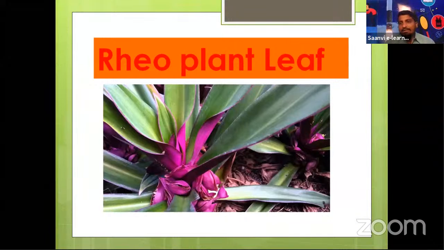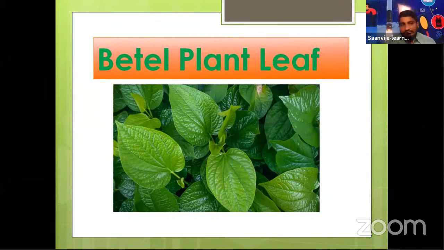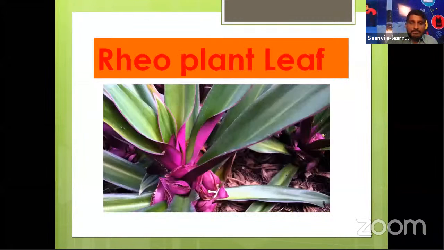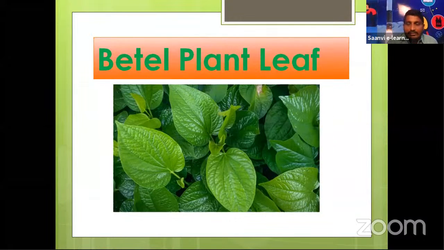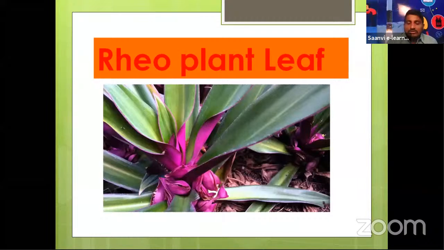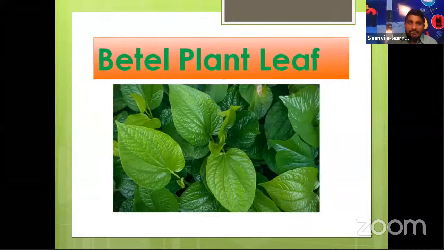Next, beetle plant leaf, like tamalapaku. See here, the rheo plant leaf is different, the beetle plant leaf is different, but both are suitable and perfect to collect a sample and observe under the microscope.